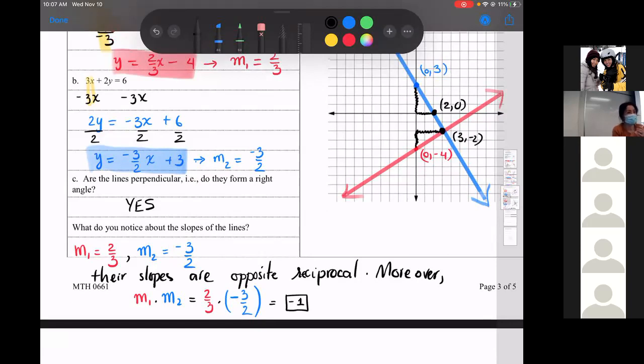If they are perpendicular, the slopes should be opposite reciprocals, or you can multiply the two together and get -1. That means perpendicular. Either way, but not graphing. I don't want to see a graph on the exam. You can graph for your own sake, but not for the answers.